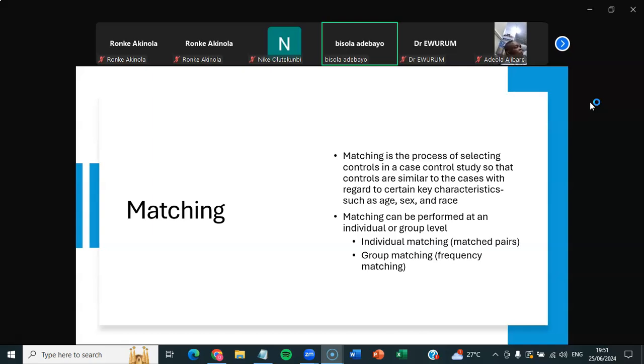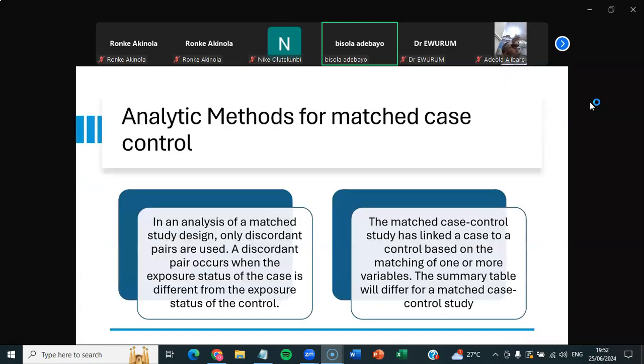For every individual, you're looking for one person, or two people, that look like that person. But usually it's more common to see group matching or frequency matching. So instead of looking for a 40-year-old because I have a 40-year-old, I may just be looking for someone between the ages of 40 and 45. So it's more common to see group matching than one-on-one matching.